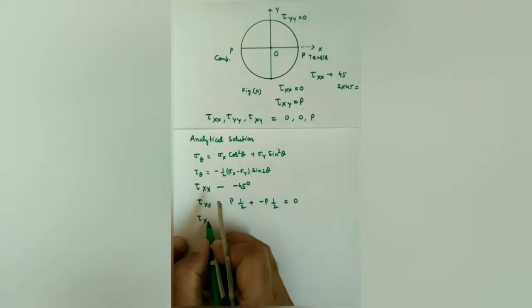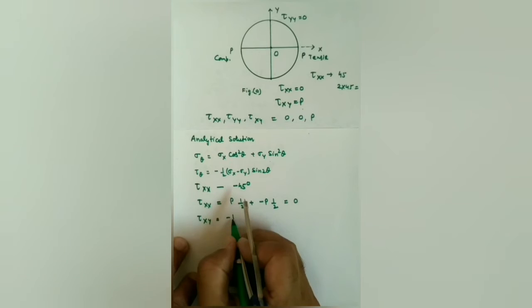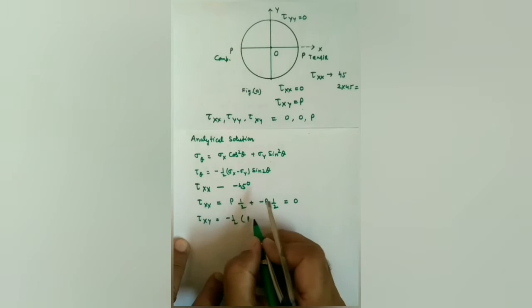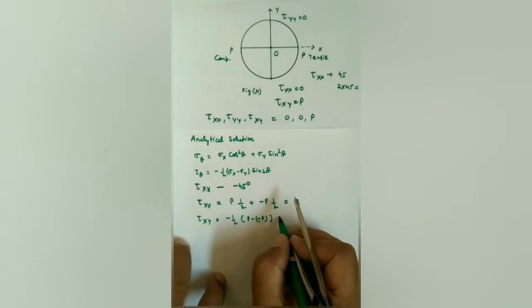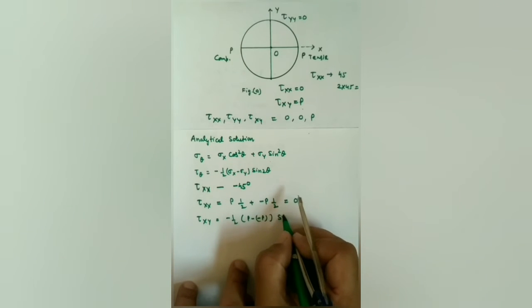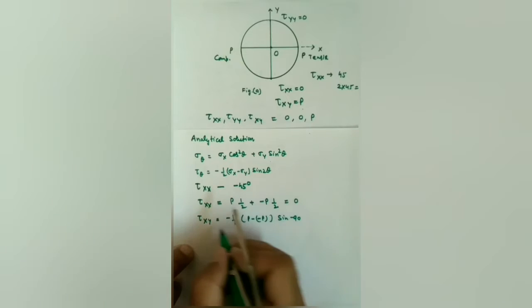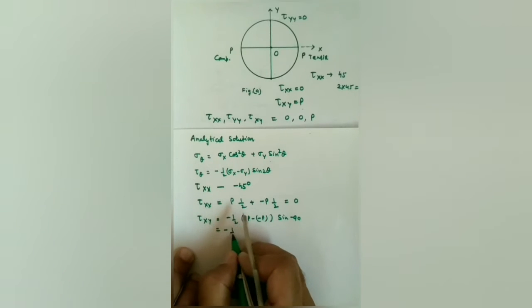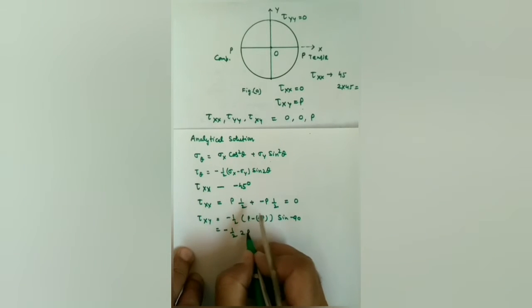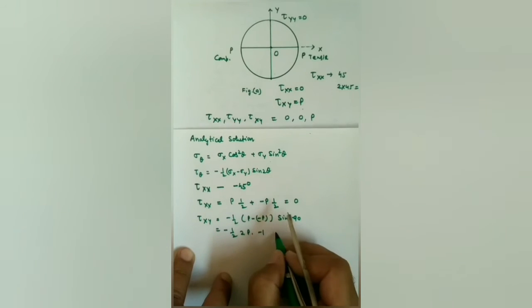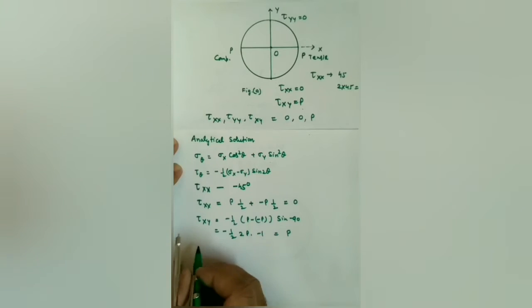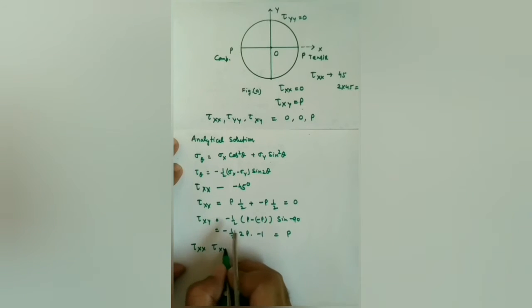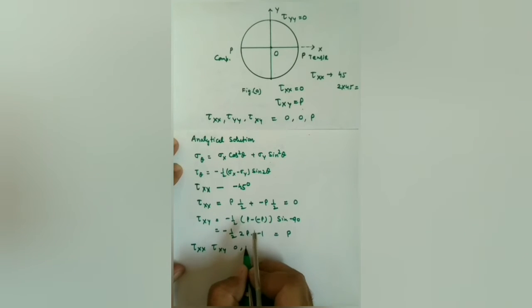And tau xy will be minus 1 by 2 (sigma x P, sigma y minus P), sin 2 theta is sin minus 90. So we get value here minus 1 by 2, 2P into minus 1, which gives value P. So we have found out xx, xy as 0 and P.